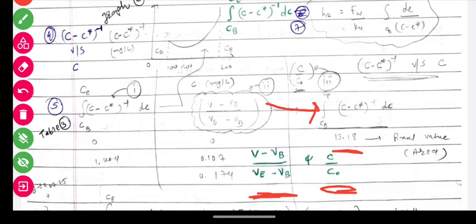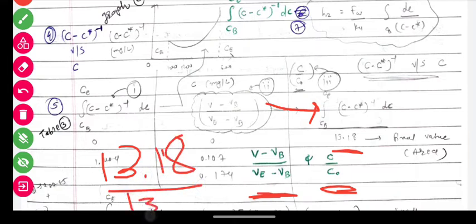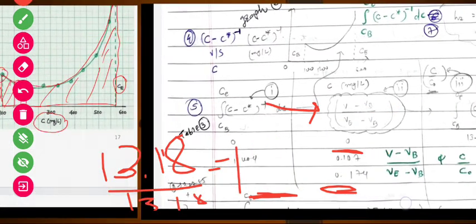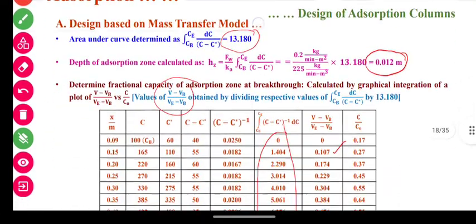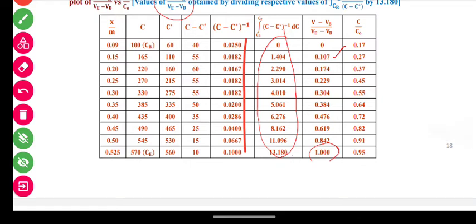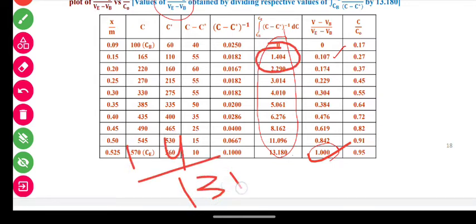Just like for the last value, the current area will be 13.8 and the total area is 13 point something, so it will be 1 for the last value. And you just divide this 1.4 by 13.18.